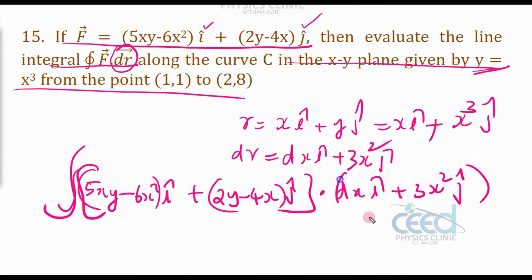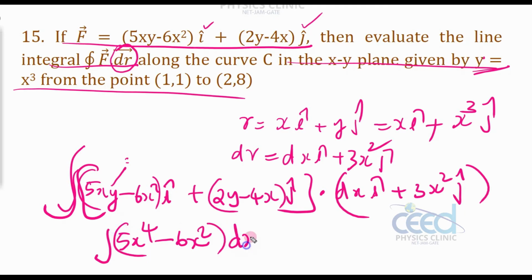Now you can replace all the y with x cube. Substituting x cube, this is 5x raised to 4 minus, when you take the dot product, i dot i is equal to 1, 6x square dx.